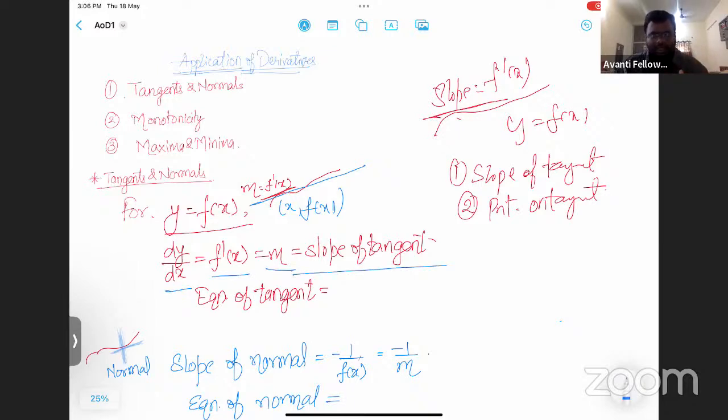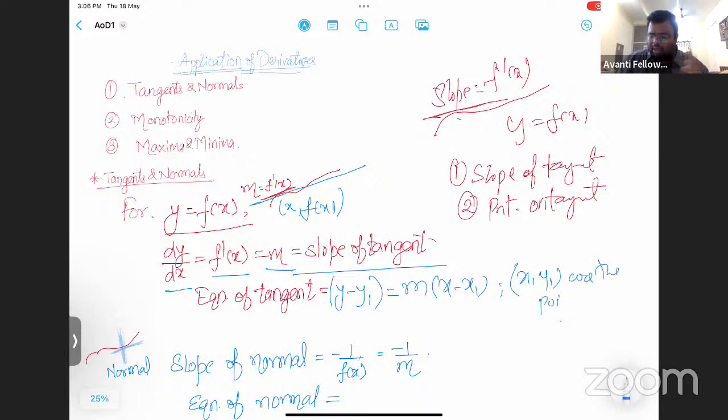Then the equation of tangent can be written as y minus y1 equals m times x minus x1, where (x1, y1) is the point on the curve where the tangent is drawn. So this is how we'll find the equation of a tangent.